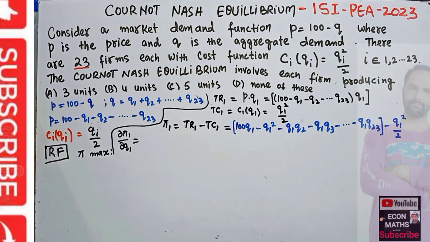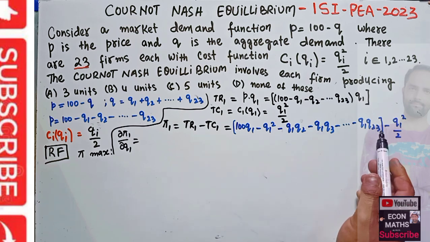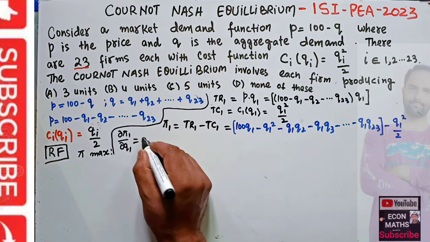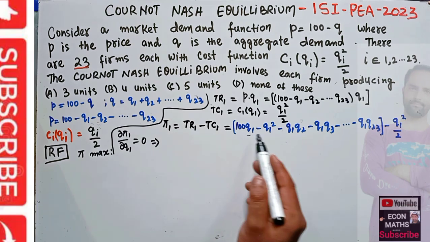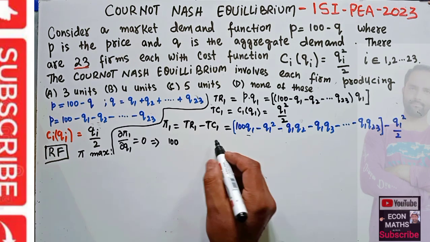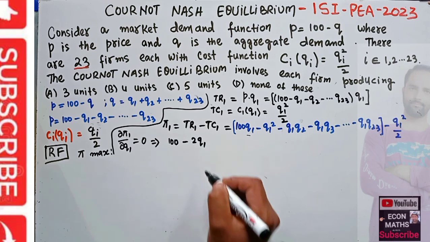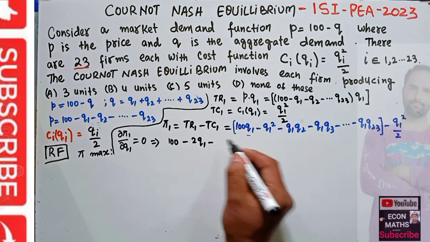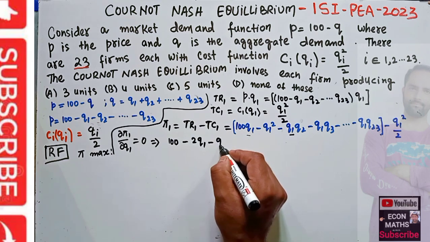That means marginal profit of firm 1 should be equal to 0. That means we take the partial derivative of this function and set it equal to 0 with respect to Q1. The derivative of Q1 here will be 1, so we are left with 100 minus the derivative of Q1 square, which is twice Q1, then minus Q2, since the derivative of Q1 here is 1.